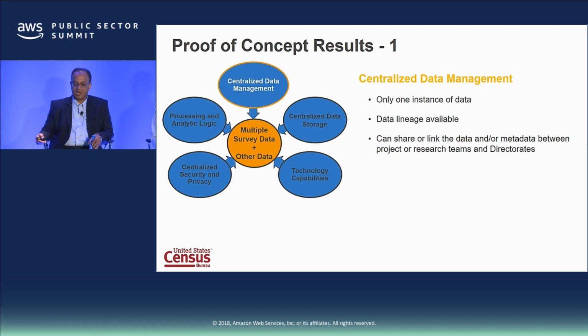I will make only 1 copy and let the 5 users access that copy. We will keep the data lineage, so as changes are made to data, we will track it. And we can share or link the data between projects or research or our directorates, provided the security and privacy allows them to get access. So the security and privacy is built into it.